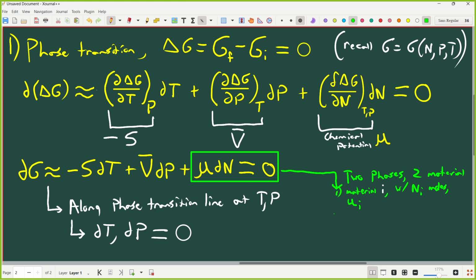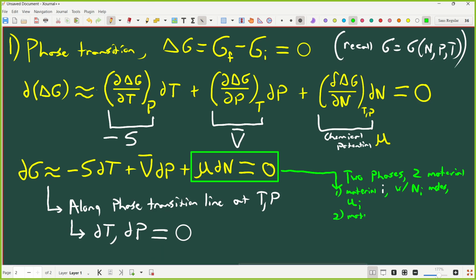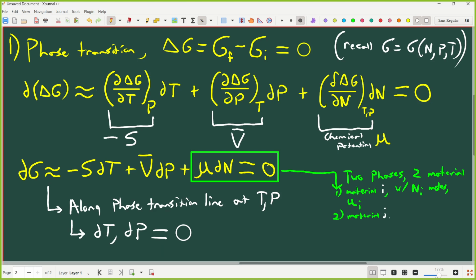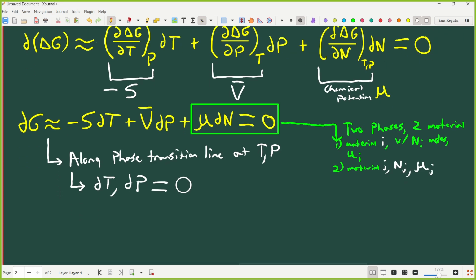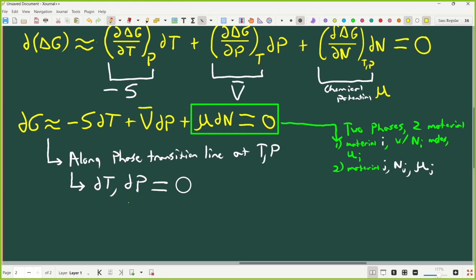And then we have material J, with N sub J moles, and chemical potential mu sub J. And so when you plug this in, you have to take the whole sum of all the chemical potentials and changes.